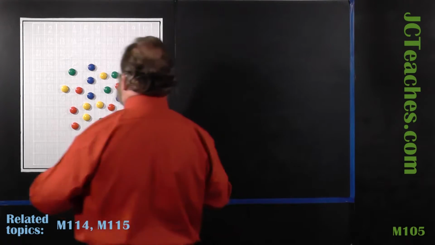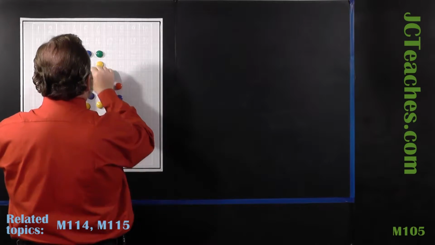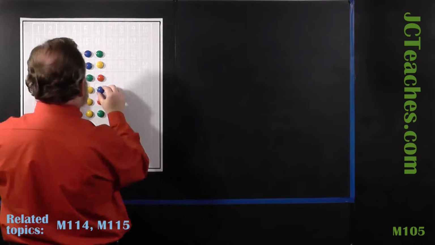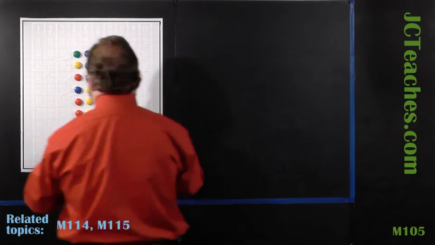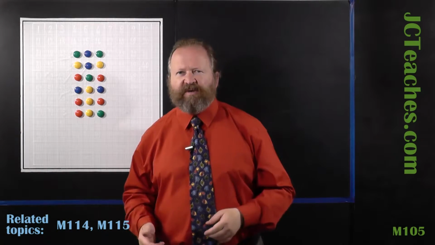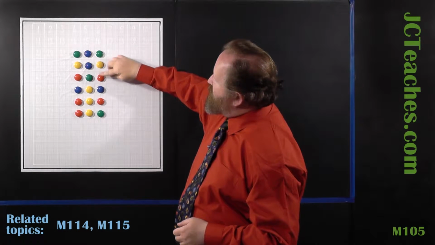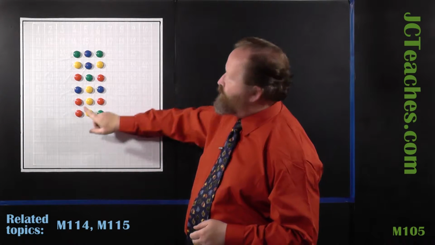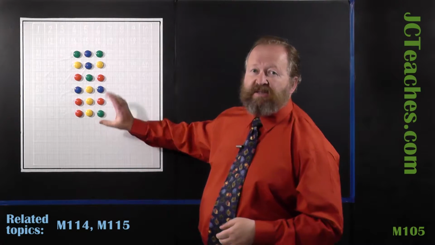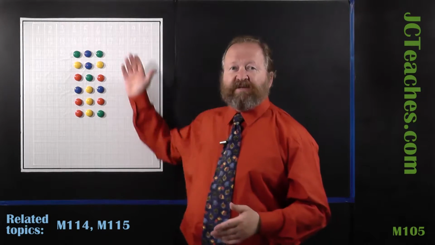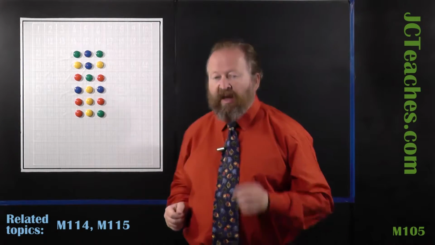So let me just do that. Okay, so what we've got there is 6 times 3. 6 times 3 is 18. That proves that it's not a prime number, it has factors.